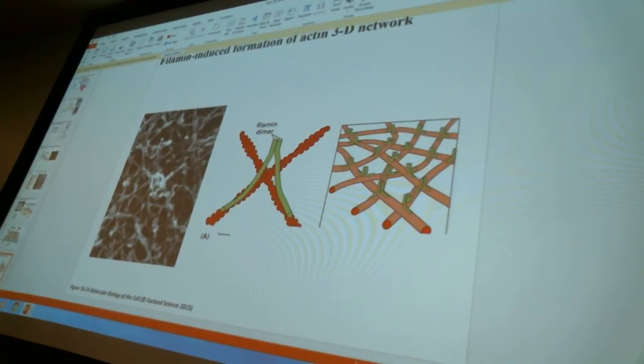Here is an example of filament-induced formation of the actin 3D network, and as you can see, this type of organization helps to establish more volume, a three-dimensional volume consisting of these fibers.